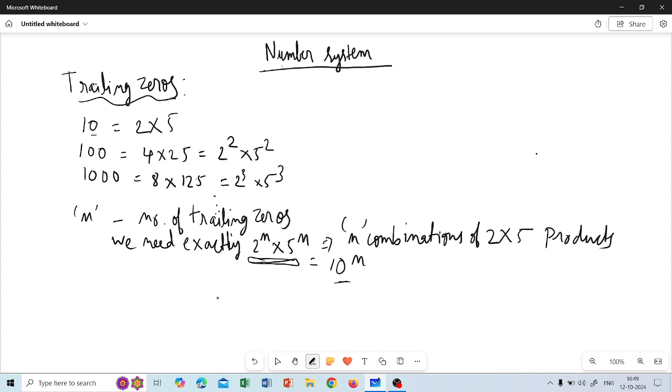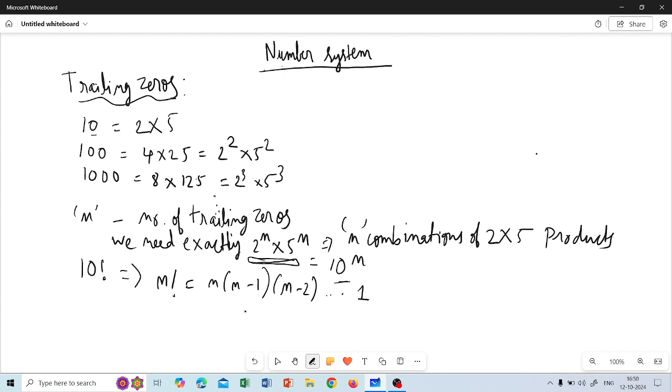The first one is 10 factorial. Now I hope that everyone is aware of what factorial is. If I write n factorial, that is n into n minus 1, into n minus 2, up to 1.